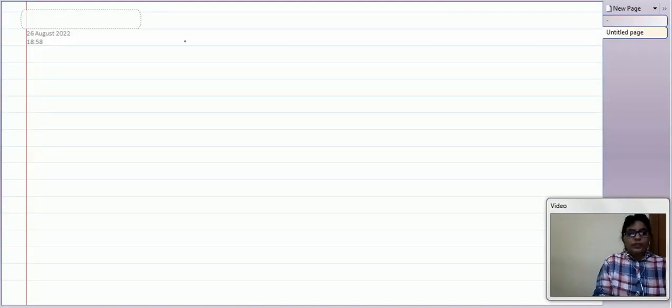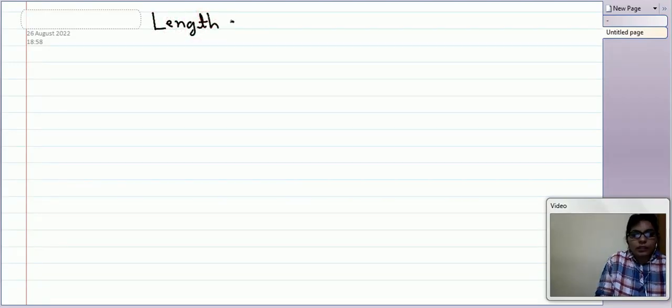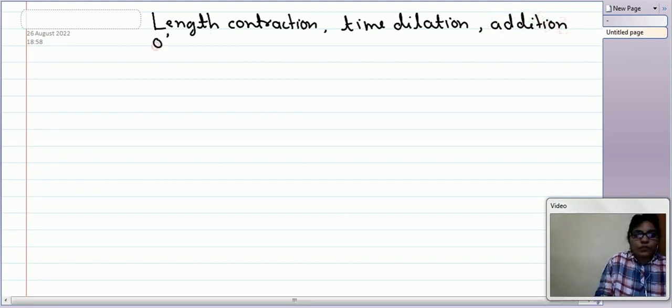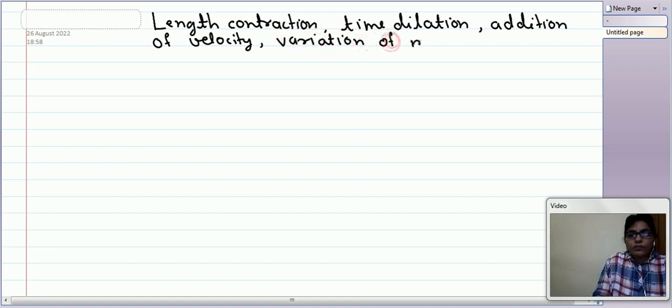Now in this lecture, we are going to cover a few more topics, and these topics are length contraction, time dilation, addition of velocity, and variation of mass with velocity.